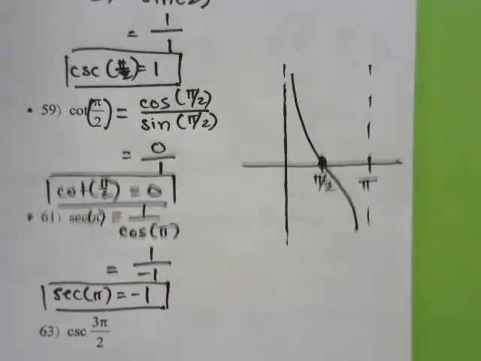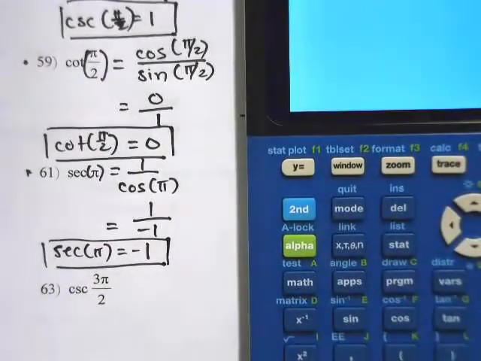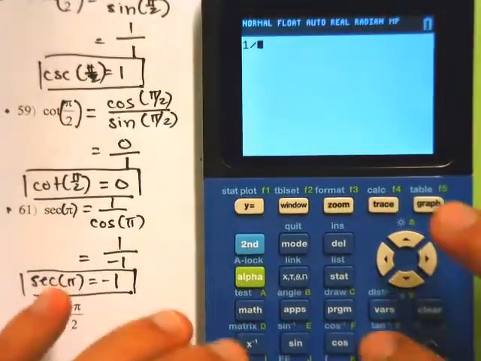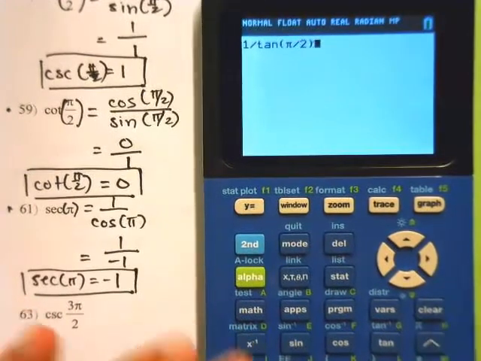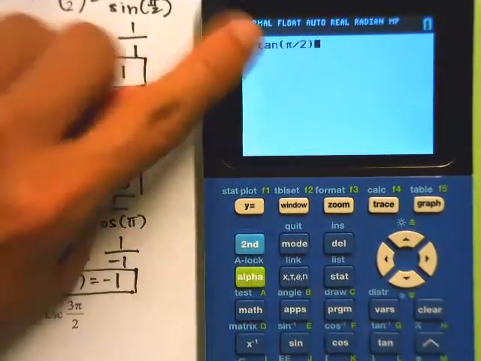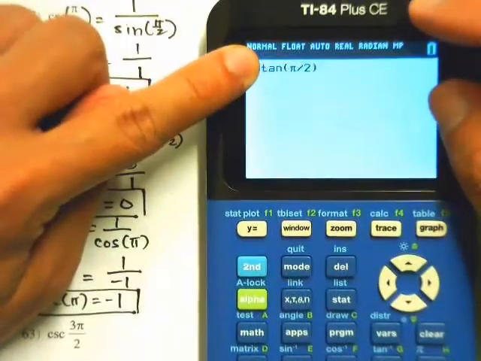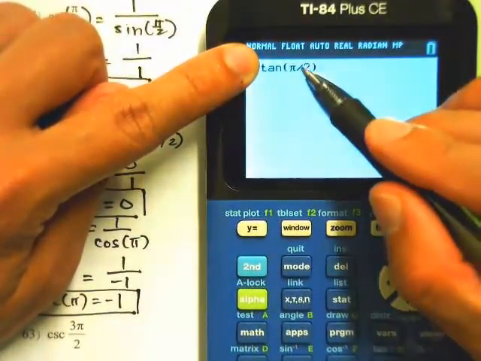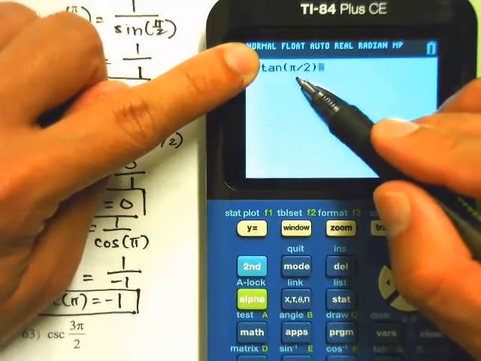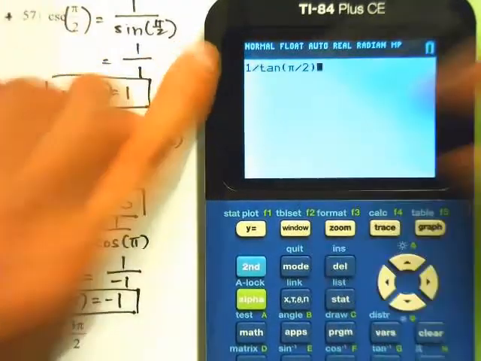Okay, I think I have one explanation as to why it's happening. On your calculator, we already know that tan of pi over 2 is undefined. There's an asymptote over here. So I think the calculator is calculating this and saying it's undefined, so it can't even calculate it anymore.